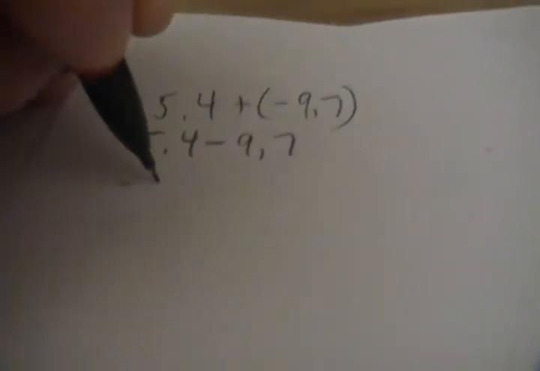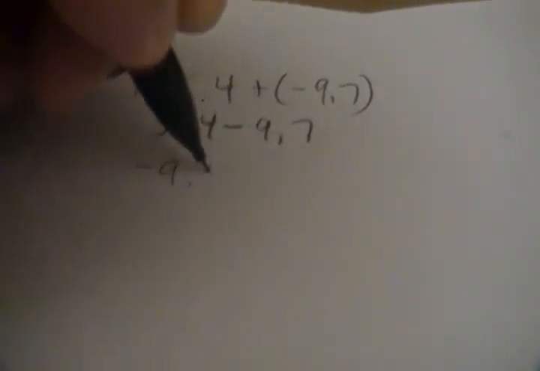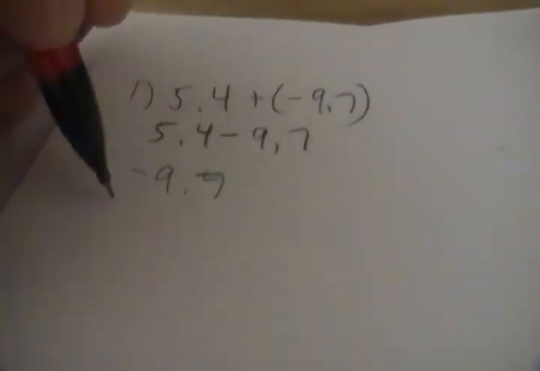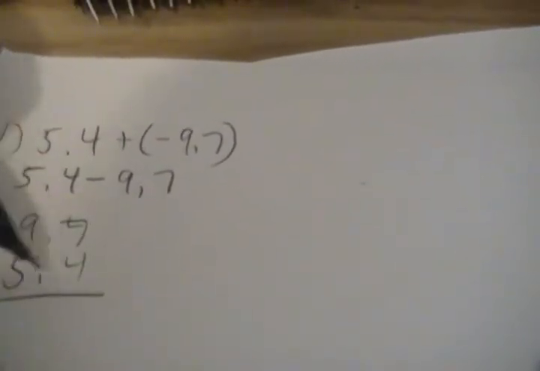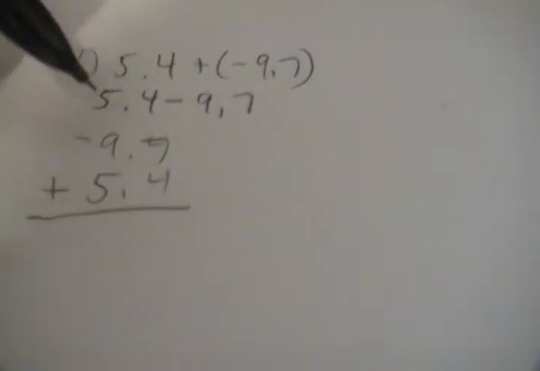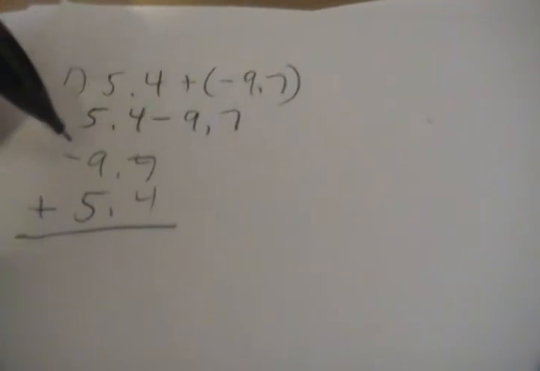So we're going to have negative 9.7 plus 5.4. Alright, so when we have a negative number plus a positive number, you're supposed to subtract, right? So we subtract from right to left.